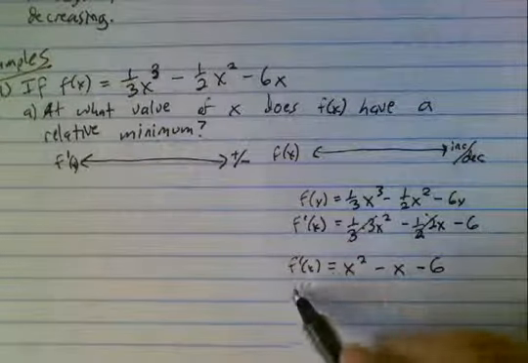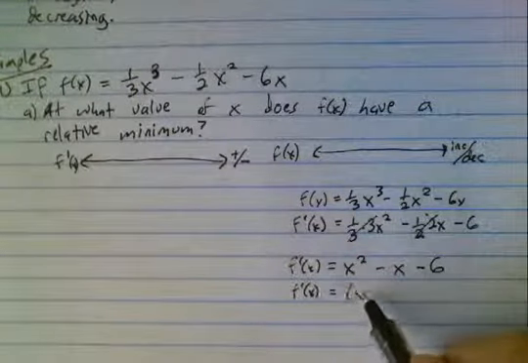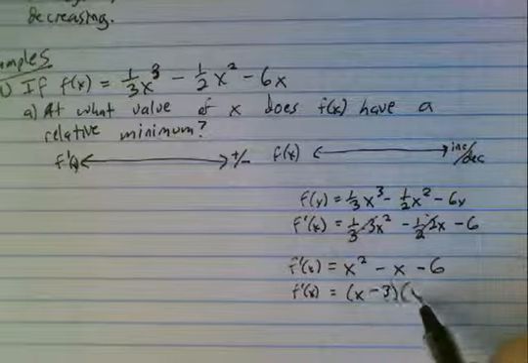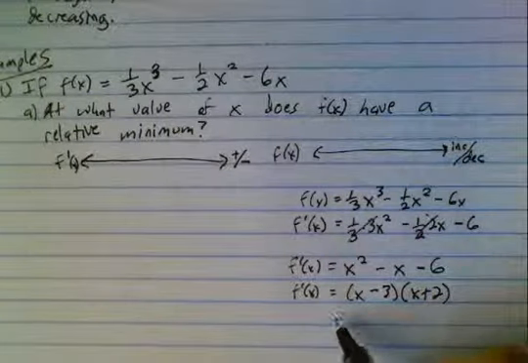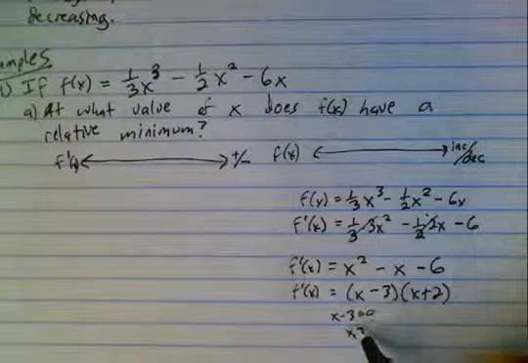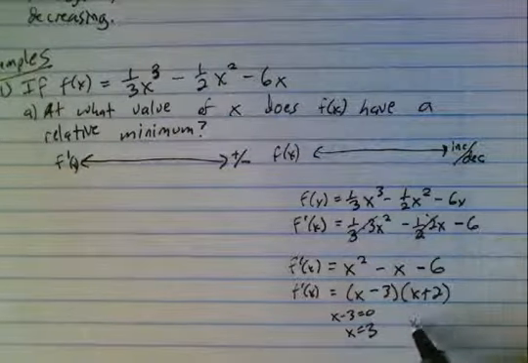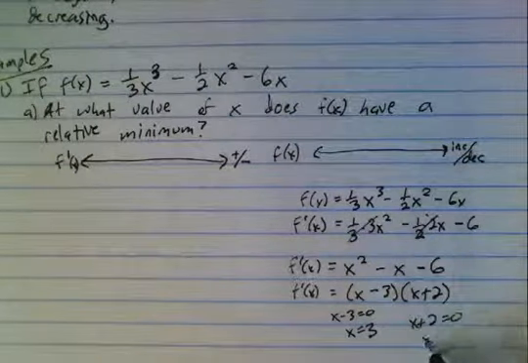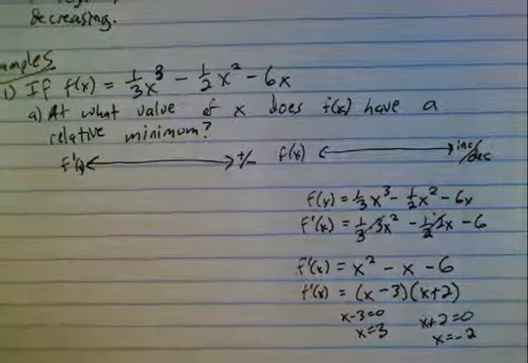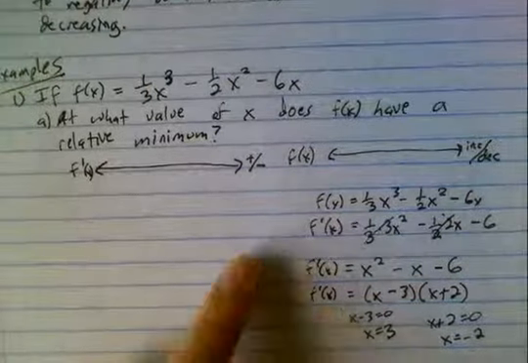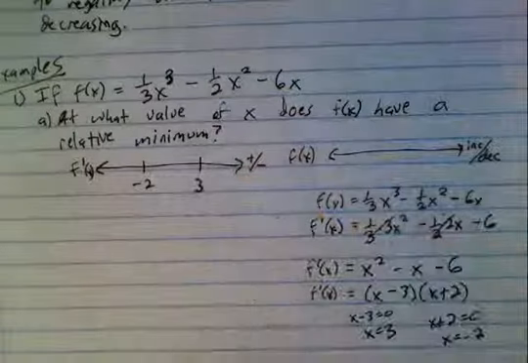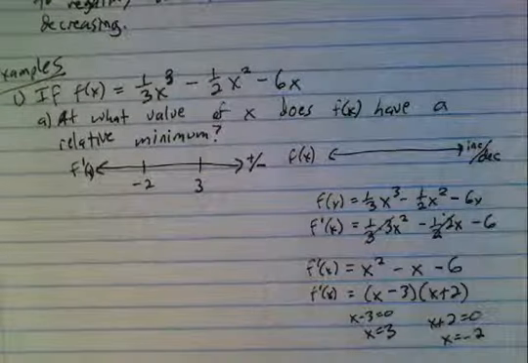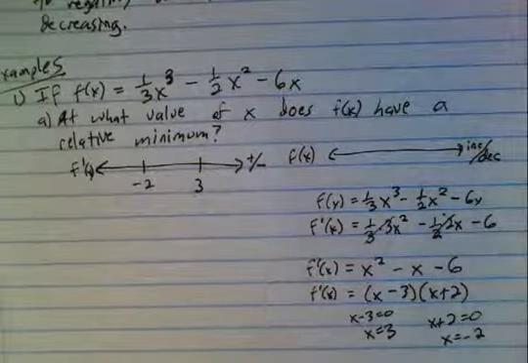Now we can factor that and find our zeros. Now notice we're dealing with f primes. That means I'm going to put this on the f prime graph. -2 and 3.